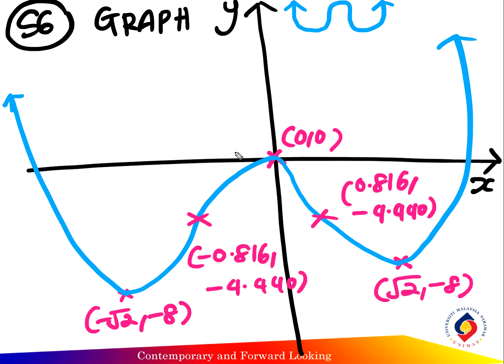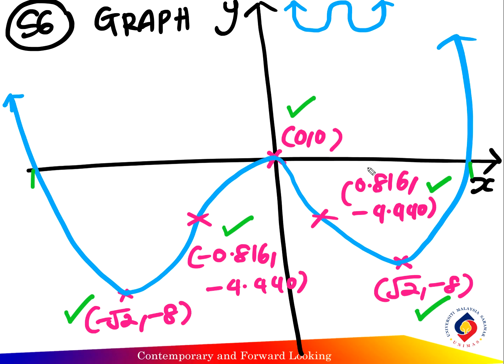Okay, so you label first the relative maximum point at the origin, 0, 0, and you label the relative minimum points at negative square root 2, negative 8, and positive square root 2, negative 8, and the inflection points, first inflection point here negative 0.816, negative 4.44, and positive 0.816, negative 4.44. And here you label the x-intercepts of the function.